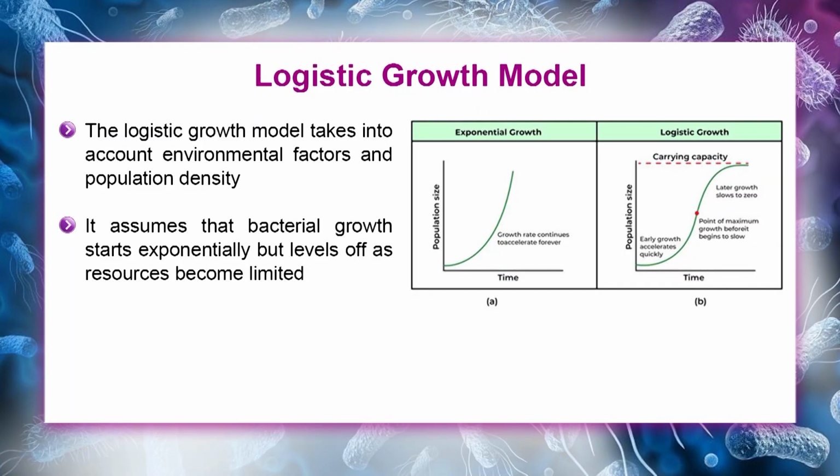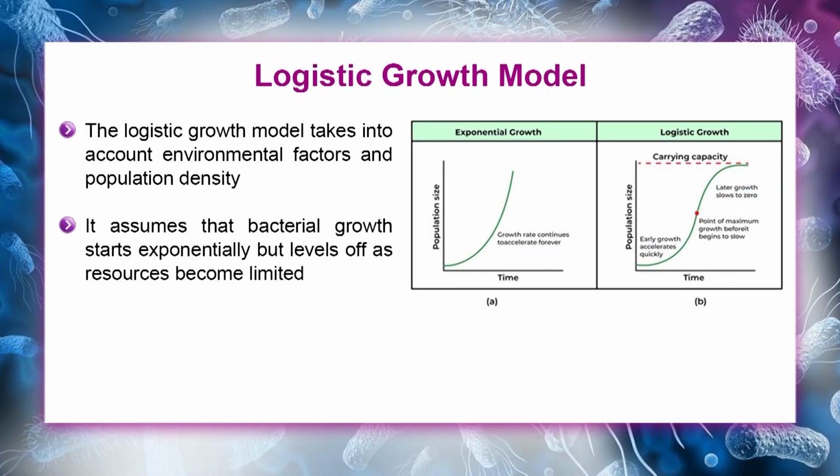The equation for logistic growth is Nt equals K upon 1 plus (K minus N0 upon N0) times e raised to minus r times t, where Nt is the population size at time t, N0 is the initial population size and K is the carrying capacity, the maximum population size the environment can support. r is the intrinsic growth rate and t is the time.